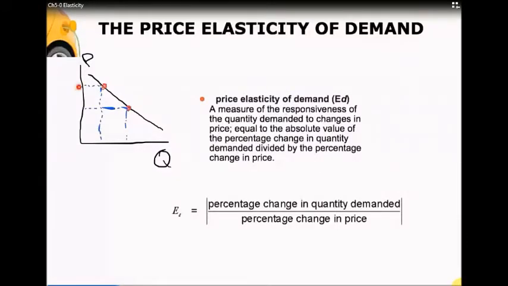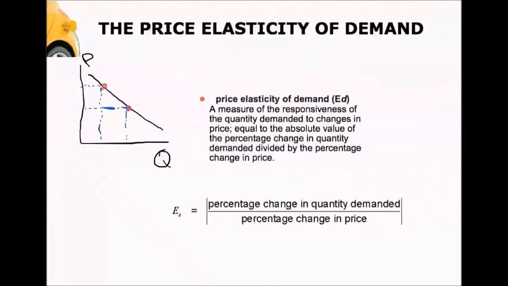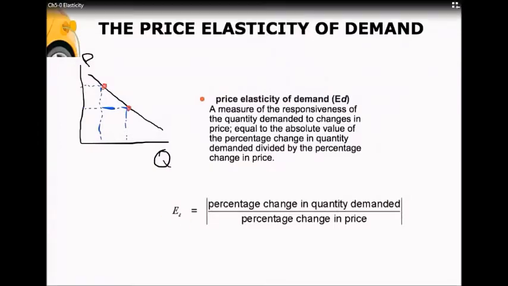And the percentage change in the price and the percentage change in the quantity are the two numbers that go into the price elasticity of demand equation. Then we're going to take the absolute value of it to get the measure of price elasticity.